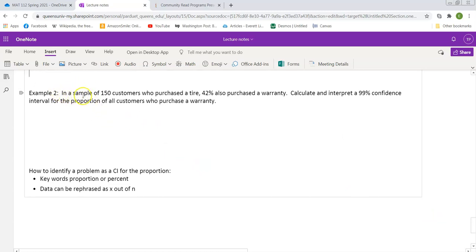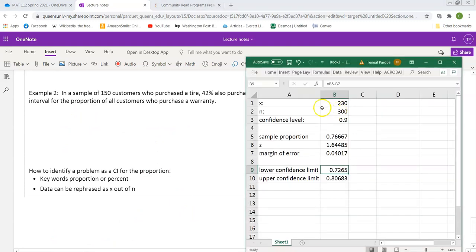So in this problem, we have a sample of 150 customers who purchased a tire, and we know that 42% also purchased a warranty. And we want a 99% confidence interval. So here, we've got 150 customers who purchased a tire, and we know that 42% of those, so 0.42 times 150, also purchased the warranty.